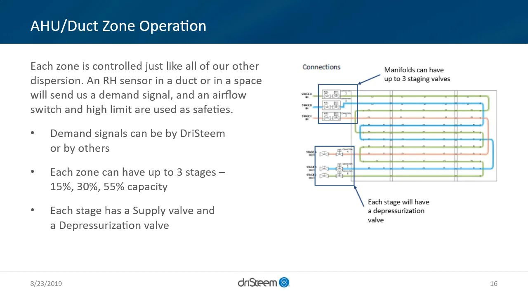You can mix and match, let's say the 15 and 30%, really looking at stages as how many inlet valves there are compared to how many combinations there are. With that, on the supply valve and the depressurization valve, there's a depressurization valve to turn off and to depressurize that system for when that signal says, I no longer need humidification.